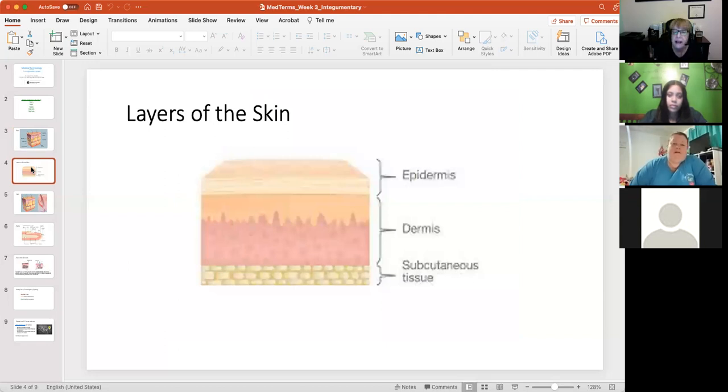And as I said, and you can see in this description, it does call that third layer the subcutaneous tissue. And as I said, that is the more common reference. But if somebody says hypodermis, you're already going to know what that means, right? Because you took medical terminology.